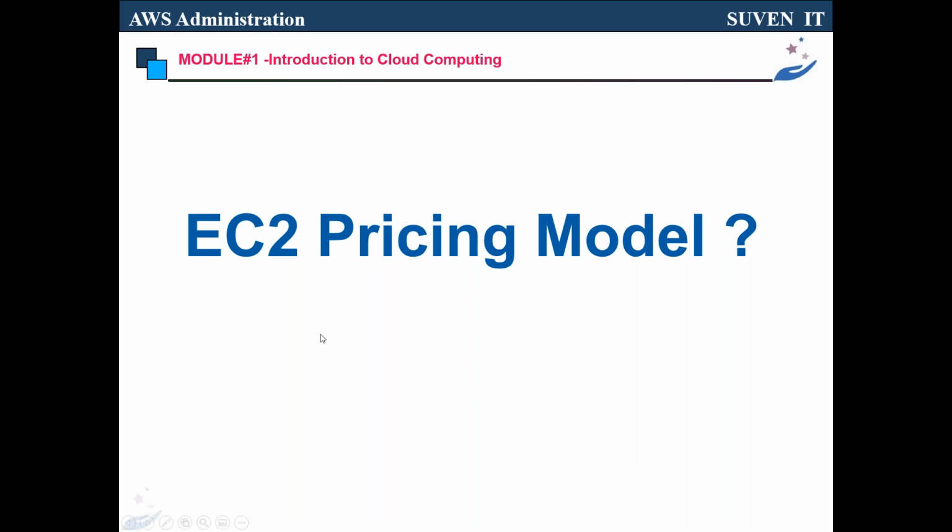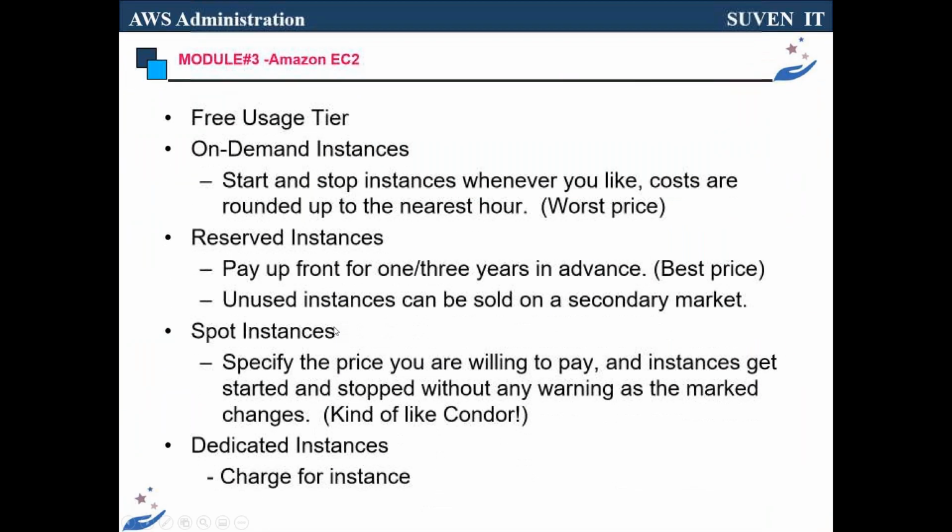So pricing model means we have different server types here: free usage, on-demand instance, reserved instance, spot, dedicated. Free tier means they will give you two servers for free, one Windows server and one Linux server, for 1 year.